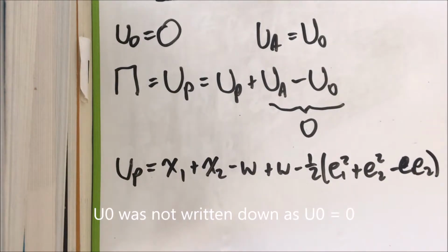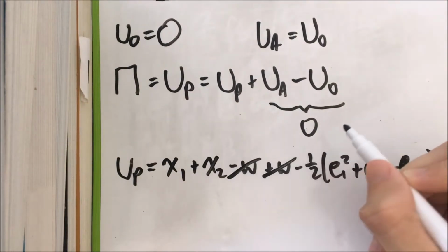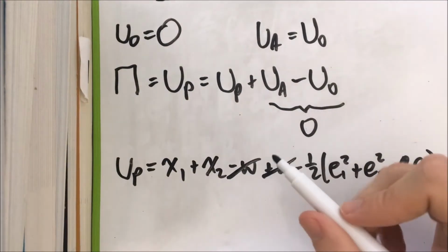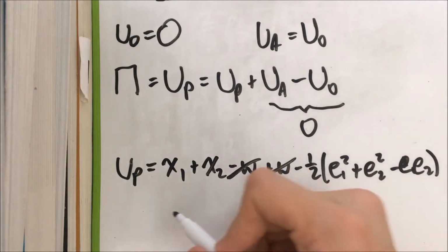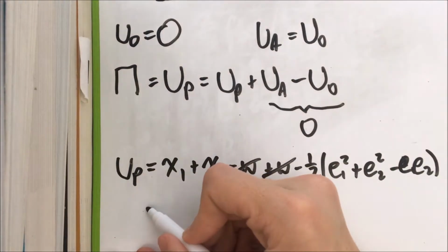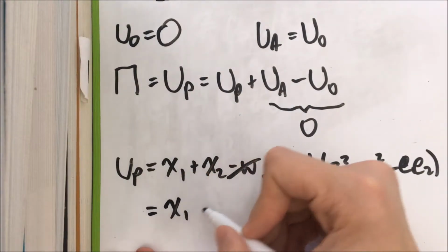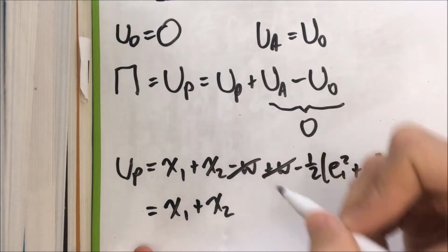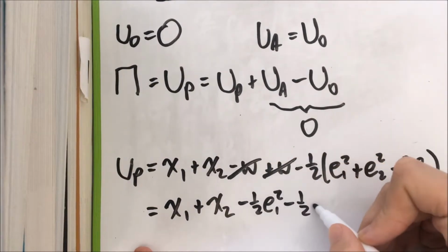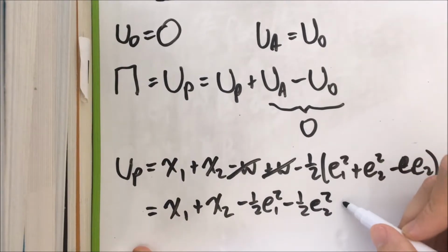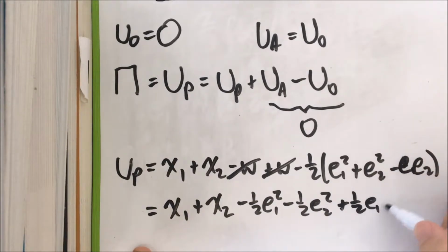Then you can see here that the wages cancel out, because the planner doesn't care about the wage, he just cares about the optimal effort levels. He doesn't need to incentivize anyone. So the utility of the principal becomes x1 plus x2 minus half E1 squared minus half E2 squared plus half E1 E2.